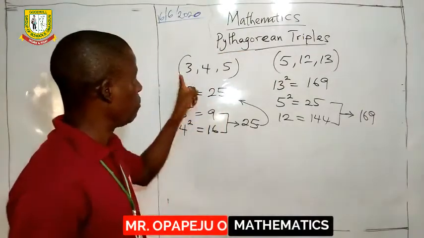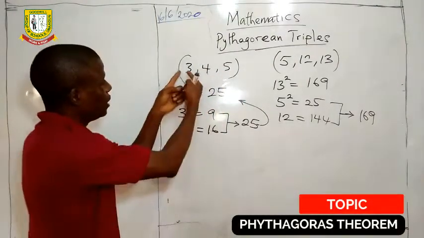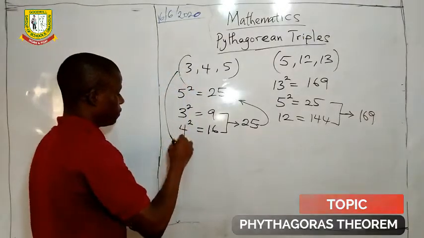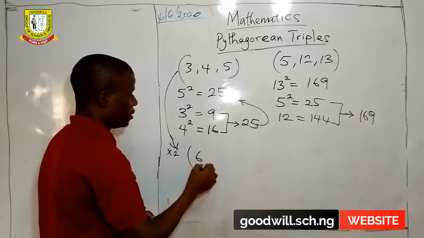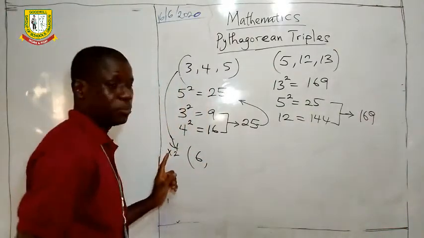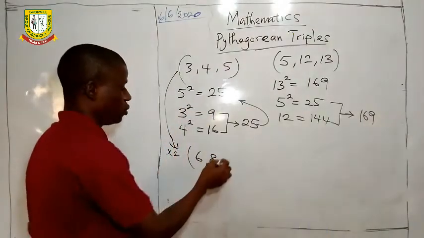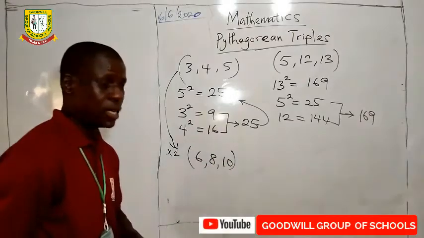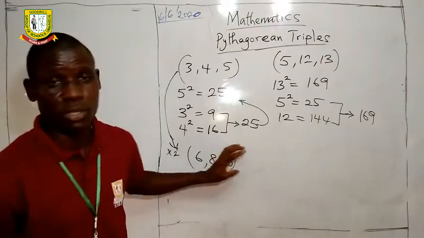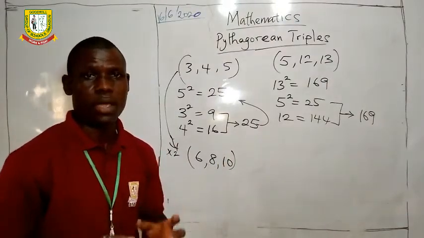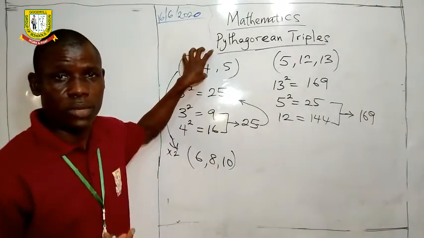For example, if you multiply 3, 4, 5 by 2, you take 3 multiplied by 2, that is 6, 4 multiplied by 2, that is 8, and 5 multiplied by 2, that is 10. So 6, 8, and 10 also form a Pythagorean triple. Why? We generated this from the values we have up there.